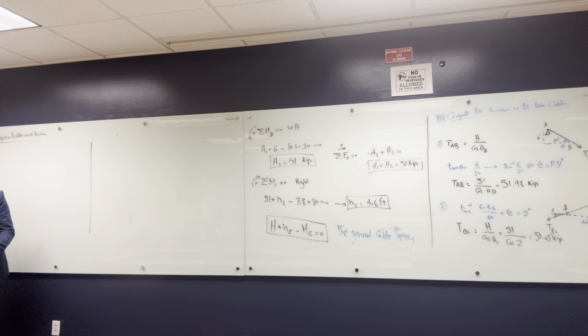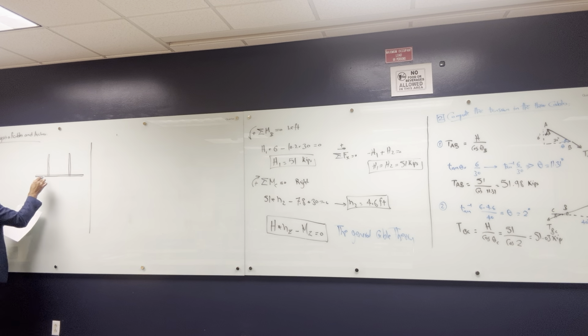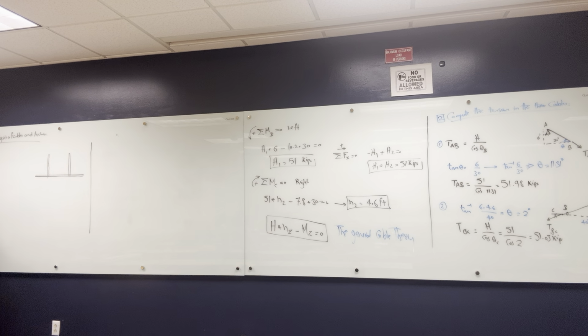So this problem is like a cable-stayed bridge. In cable-stayed bridges, you have your bridge, maybe something like this. This is the slab of the bridge, and there's a tower column like this. Usually it's underwater, supported all the way down, but anyway, we're not going to focus on this. Our focus is not on the analysis of the slab, it's the analysis of the cable that supports the slab.